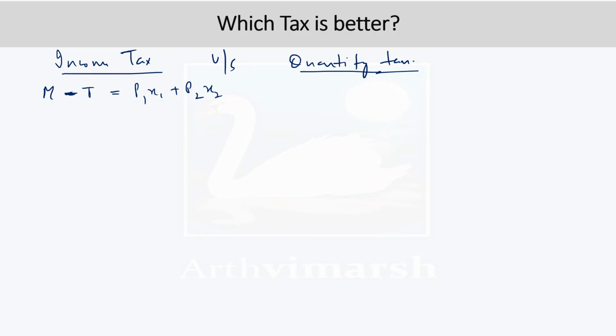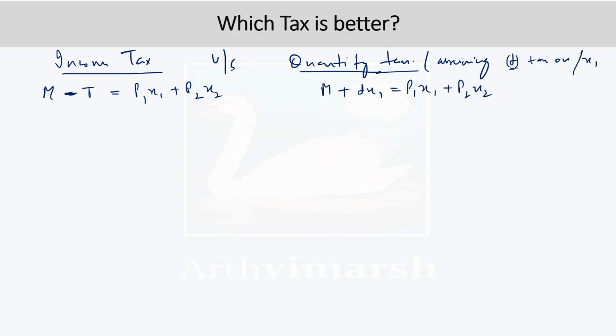And for the quantity tax, our budget line is going to be, for example, assuming T units of tax on x1 per each unit of x1, so m plus t times x1 equals price times x1 plus price times x2.